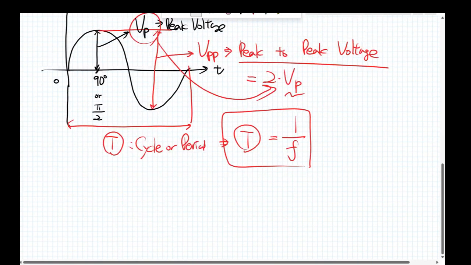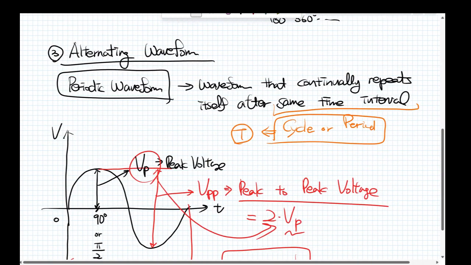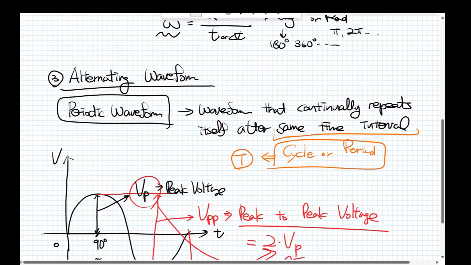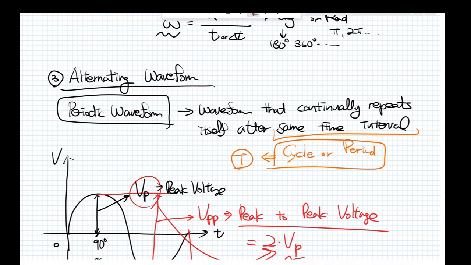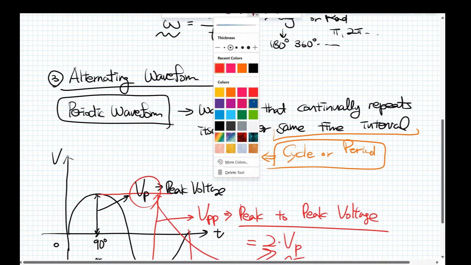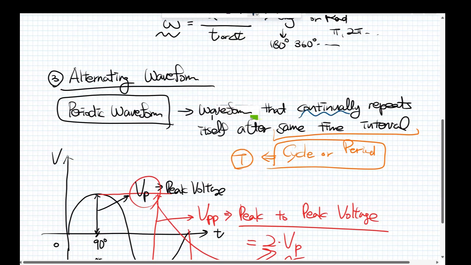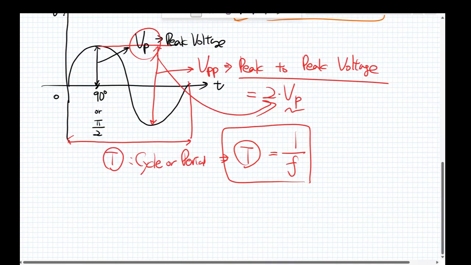From the previous definition of the periodic waveform, it has one very important characteristic: it continuously repeats itself. So that one is a sinusoidal, right?